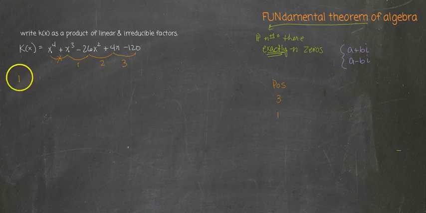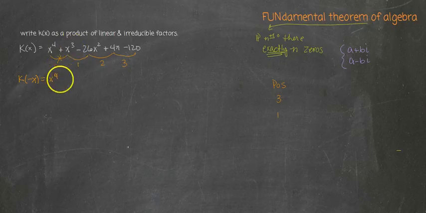Now I'm going to use the same rule, only this time I'm going to substitute negative x and rewrite my polynomial. So if I put a negative x into x fourth, the sign stays exactly the same. A negative x in for x cubed, the sign is going to change. For x squared, the sign stays exactly the same. For x to the first power, I get a sign change.